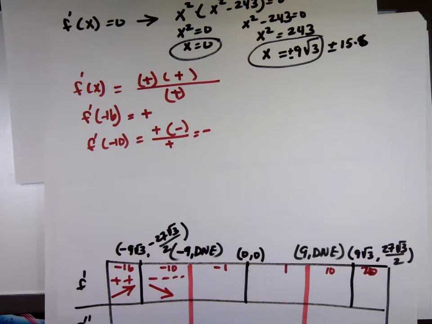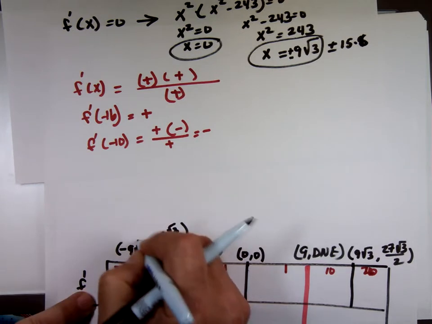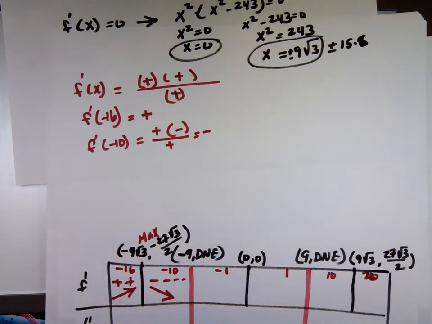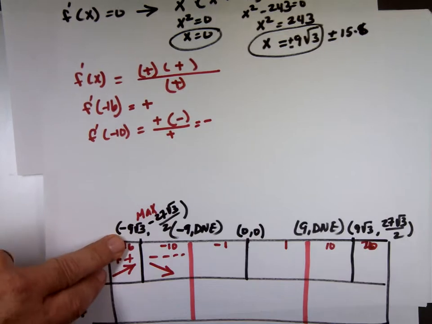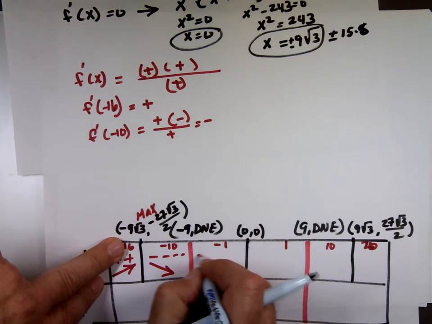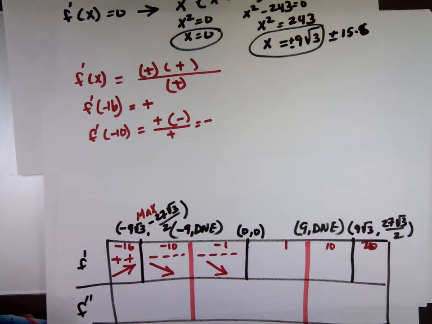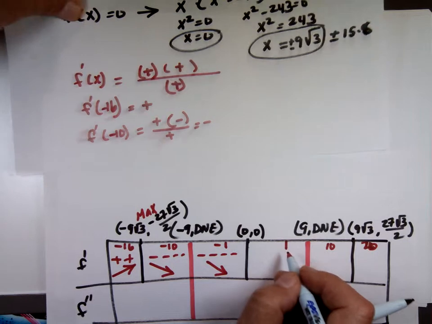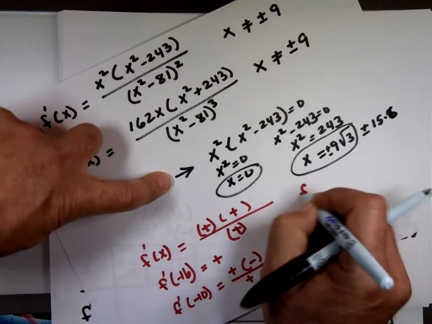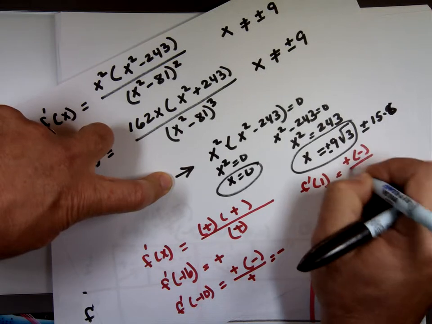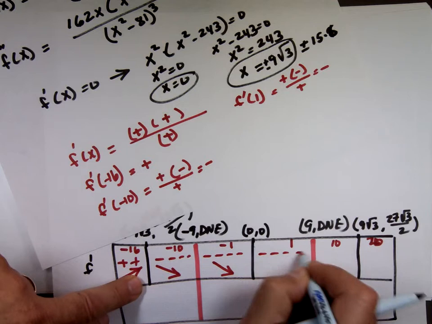What do we have? Max point here. Up, down. Take the negative 1, plug it in. Negative. Decreasing. Take the 1, plug it into the derivative. Positive, negative, positive. That's negative. Decreasing. This point is neither.